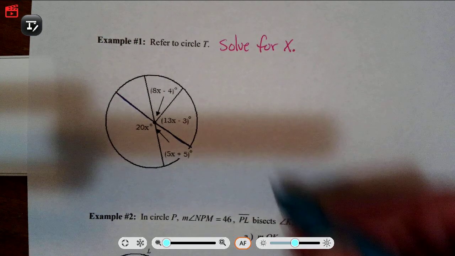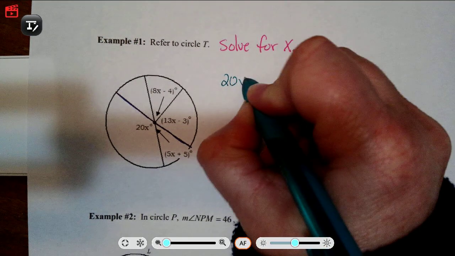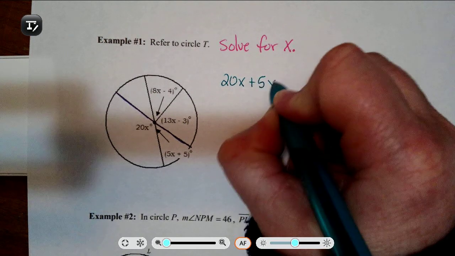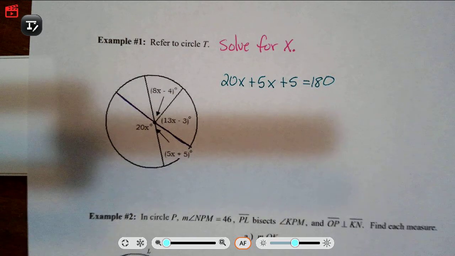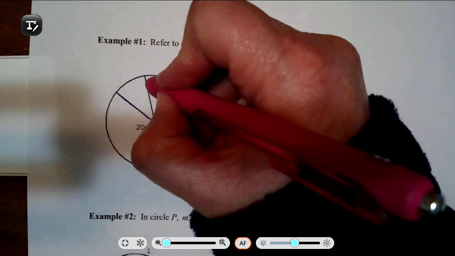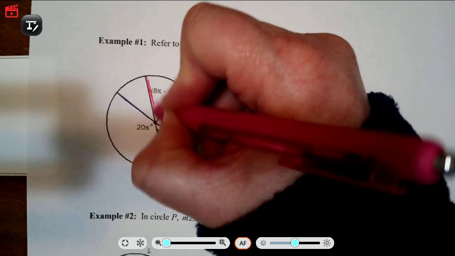So I could start this by saying 20x plus 5x plus 5 equals 180. Maybe I didn't really see that and maybe I focused on this line.